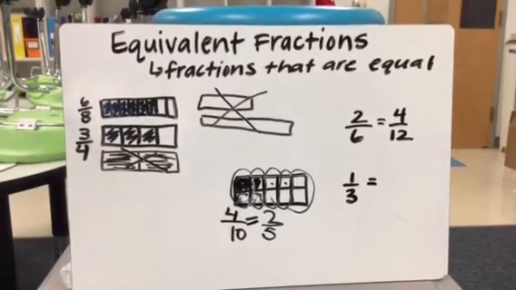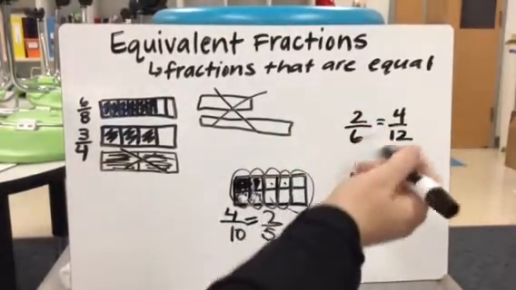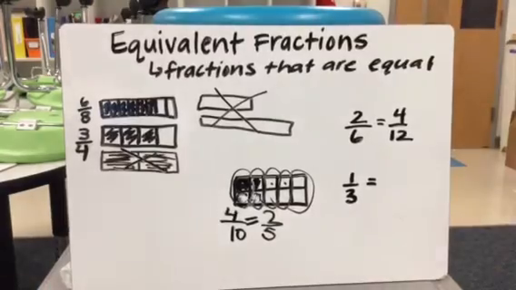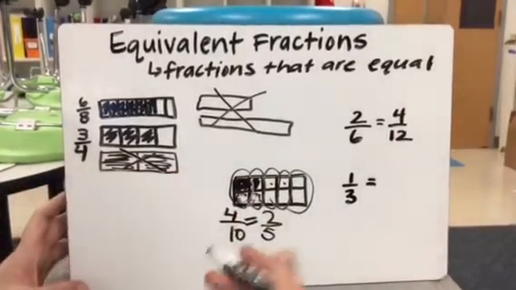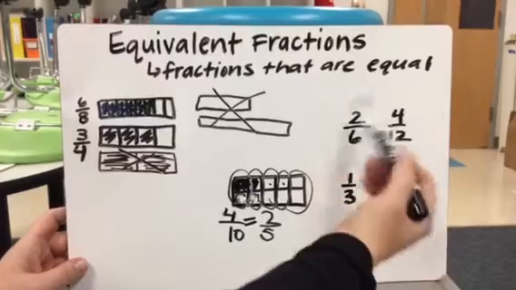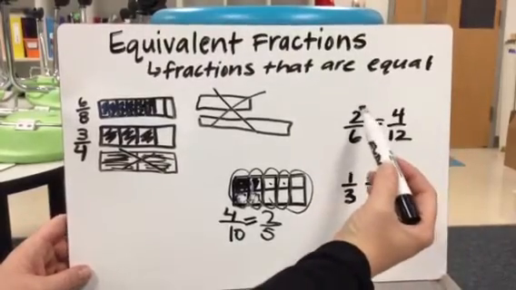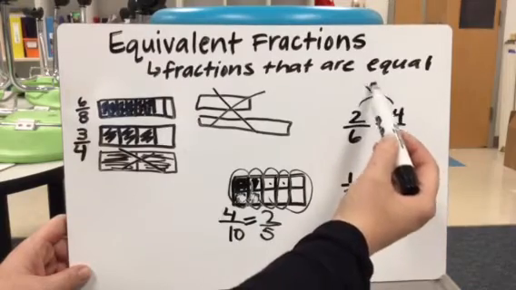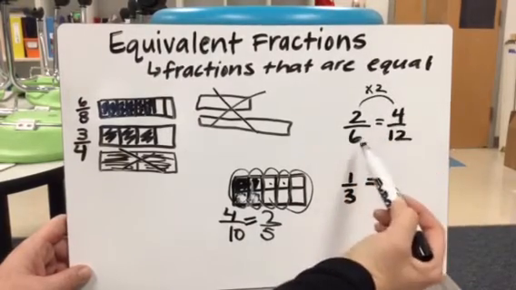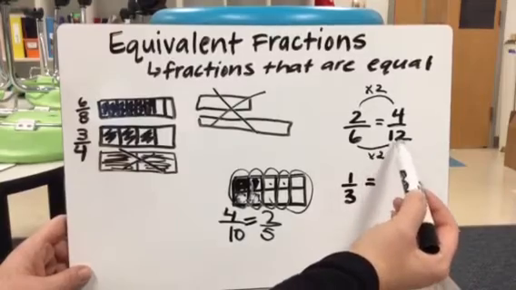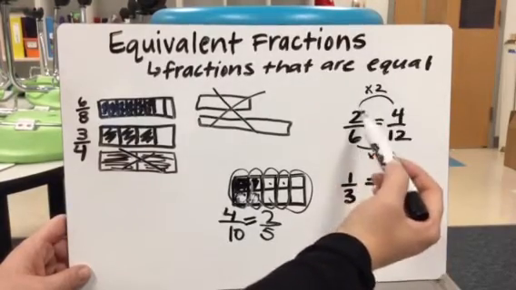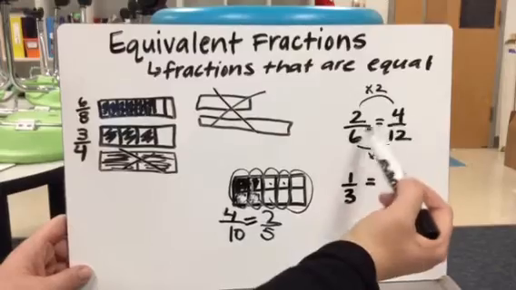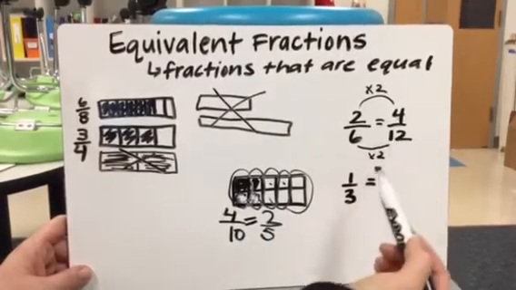One other strategy for equivalent fractions is noticing the relationship between numerators and denominators, or 2 numerators and 2 denominators. So what we have noticed, you can look at it in 2 ways. If I already have 2 fractions here, I can notice and say, well, the relationship I see between these 2 numbers is 2 times 2 equals 4, and 6 times 2 equals 12. So since they have the same relationship, the 2 and the 4 and the 6 and the 12, they're equivalent.